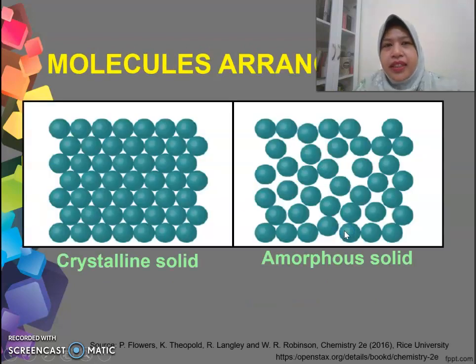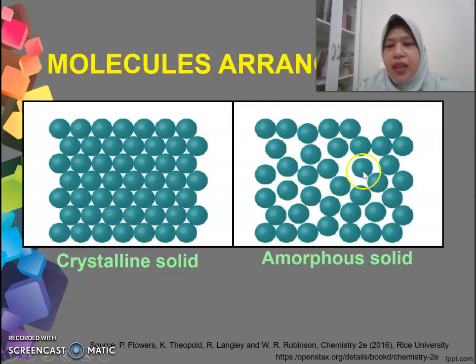Okay, now we see the difference within the arrangement of the molecules inside the crystalline and amorphous solids. You can see here, the entities of a solid phase in crystalline solid are arranged in a regular and repeating pattern. You can see here, this is the regular and repeating pattern.